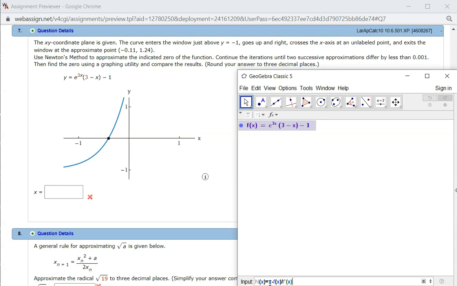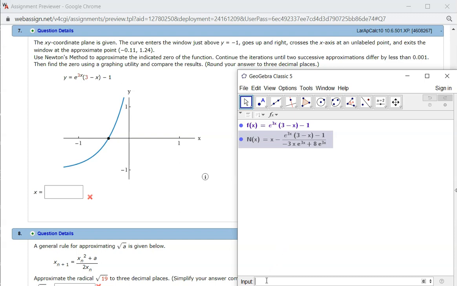GeoGebra can do the derivative. Remember that x of n plus 1 is equal to xn minus f of xn over f prime of xn. So I just use x instead of xn. Hit enter. So this is Newton's formula.